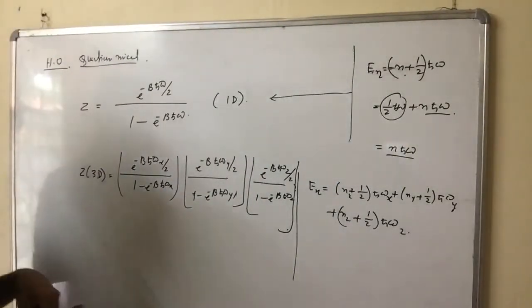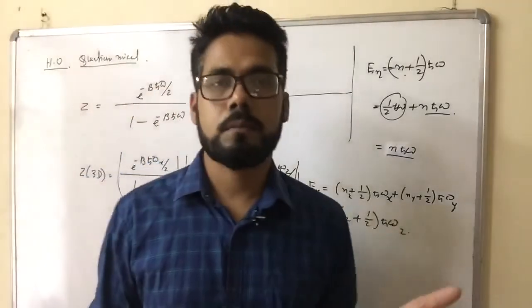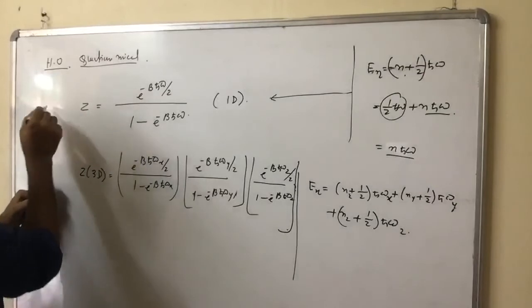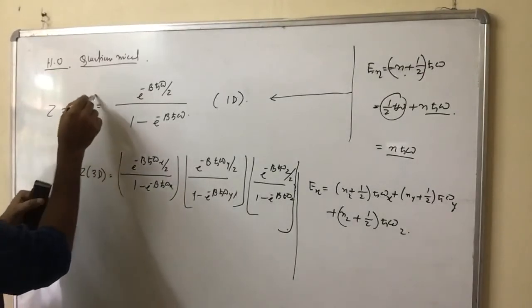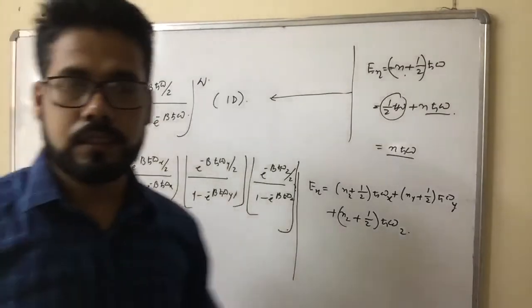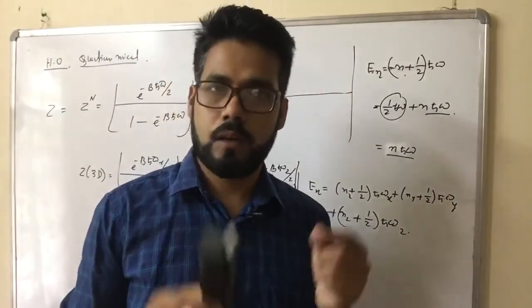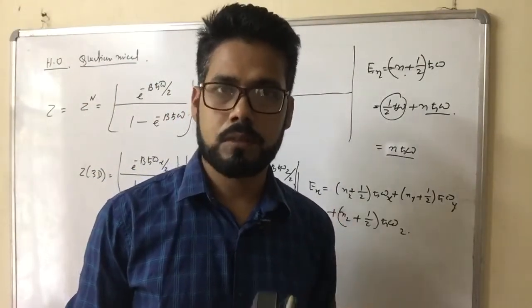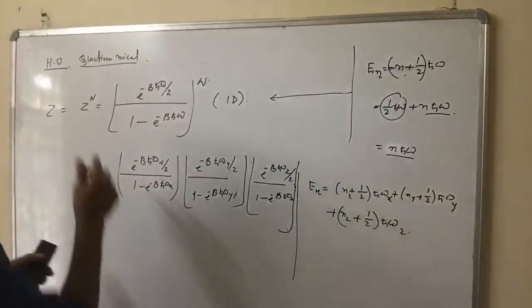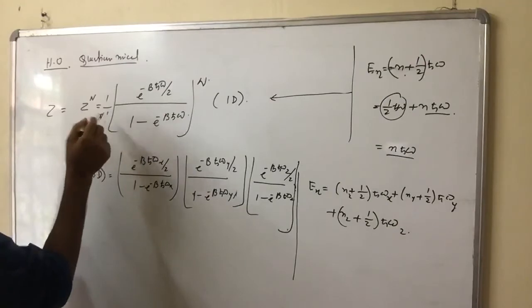If the system is composed of N one-dimensional harmonic oscillators, then the total Z equals z to the power N. Again, if these N one-dimensional harmonic oscillators are indistinguishable, then 1 by N factorial will come out.